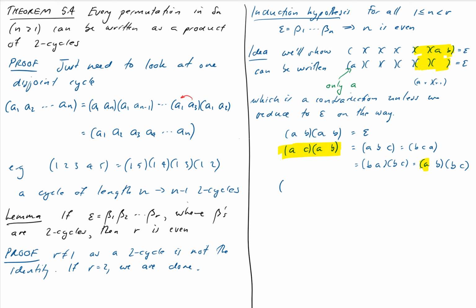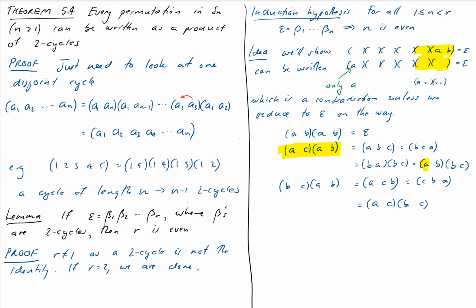What's the next possibility? The next possibility is that we have B in one of them. Then we can manipulate that again. If we multiply out, that gives us ACB, which I'll write as CBA, just shuffling it around, it's the same thing. And that in turn is equal to AC BC.